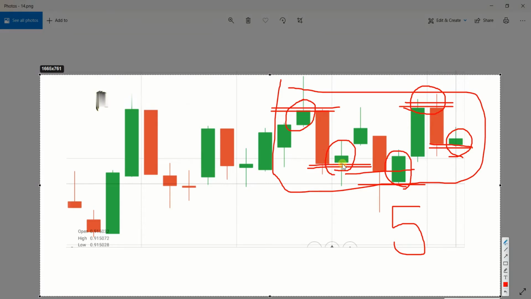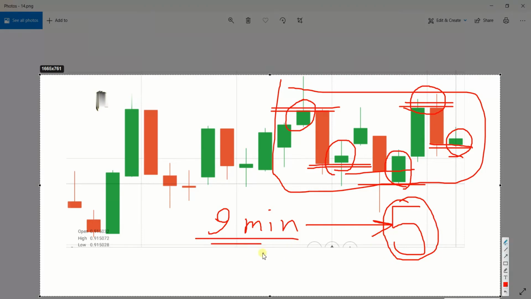Okay, 1 2 3 4 5 6 7 8 9. You can see in 9 minutes you can take 5 right trades, and you can reach your daily target in only 9 minutes. So why do you open the chart and want to trade every candle?